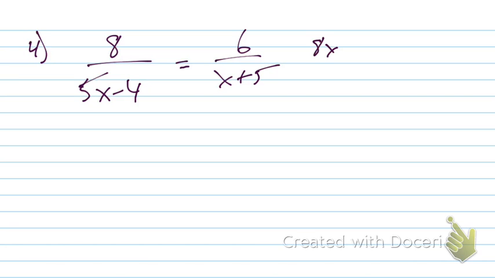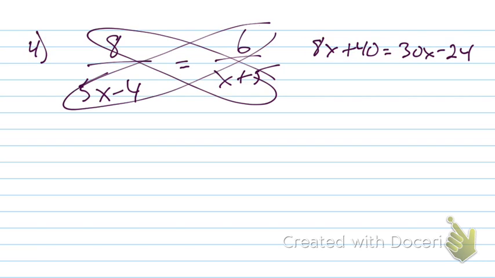So the cross products are 8x plus 40 equals 30x minus 24. Any questions there? It's an equal sign, so left side equals right side, right? I got it from right there and right there. So then I'm going to work on solving for my variable here.